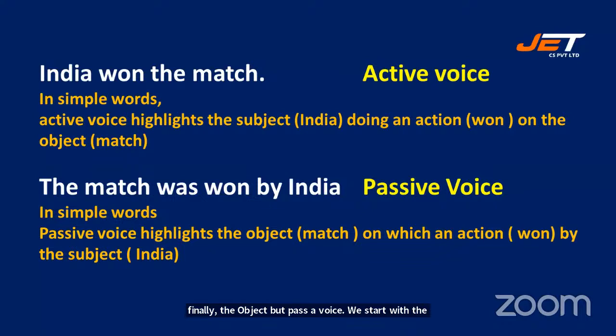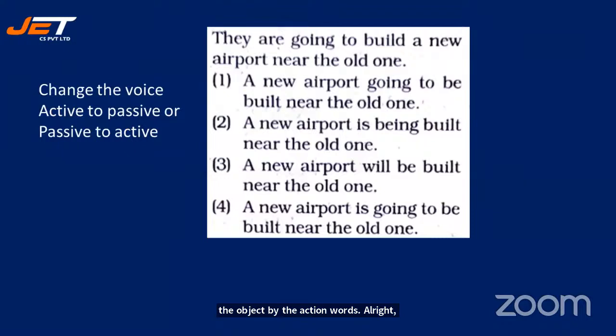And the subject is being connected with the object by the action words. All right. So let's do a few sentences so that definitely you will be able to understand. Now you have to change the voice, that is active to passive or from passive to active. All right. Fine. So let's see the sentences.